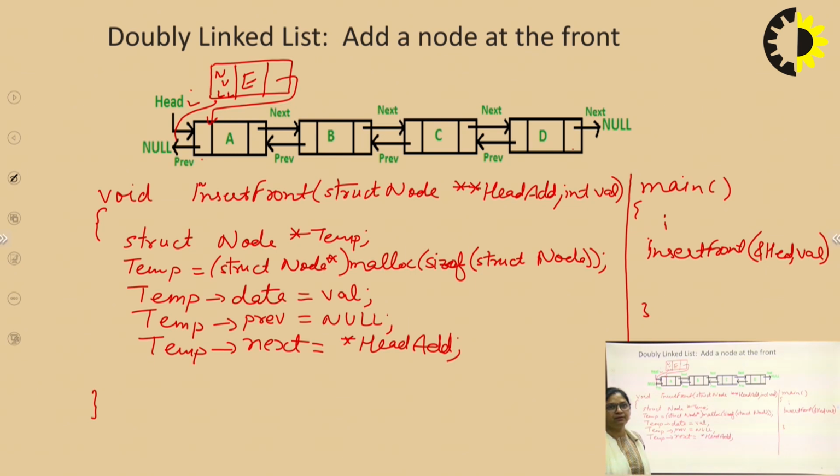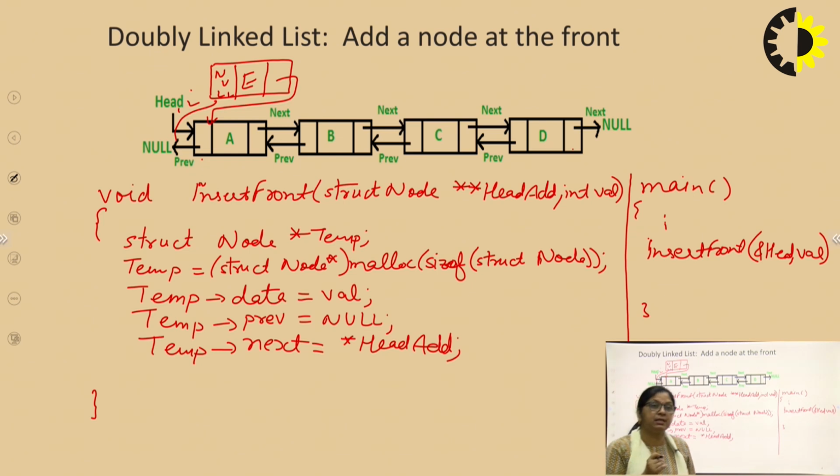Head. Okay, so when we make the change in head address, head will point to this, and when head will point to this, automatically it will become the first node. So the 2 remaining works that we have to do: first one is we have to make head point to this.